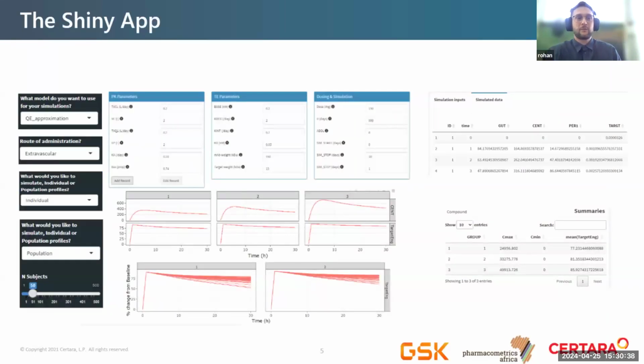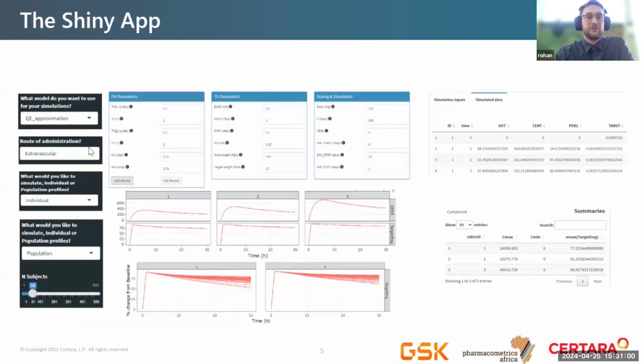So just a little bit about what the app looked like. We had the option to choose between a TMDD and a QE approximation model. The essential differences there were just the complexity at which you're modeling the protein complex that forms and dissociates.